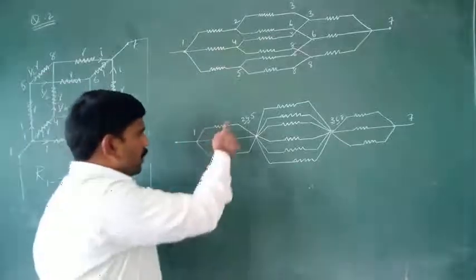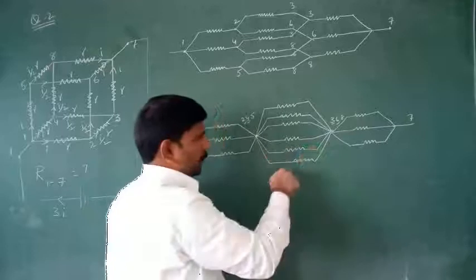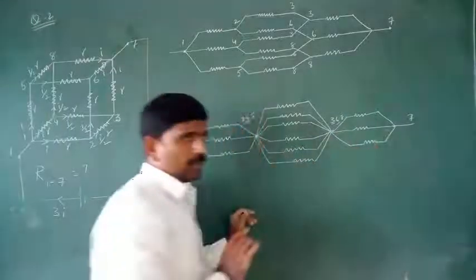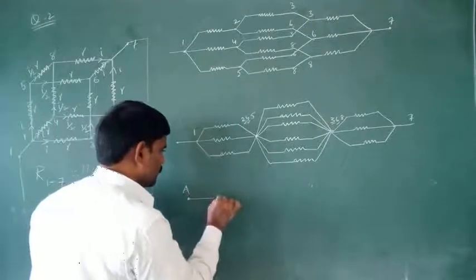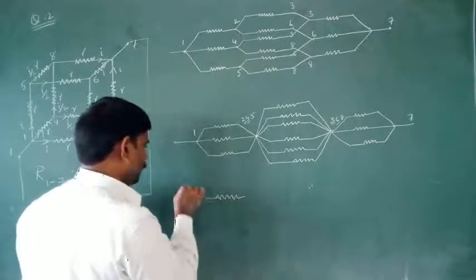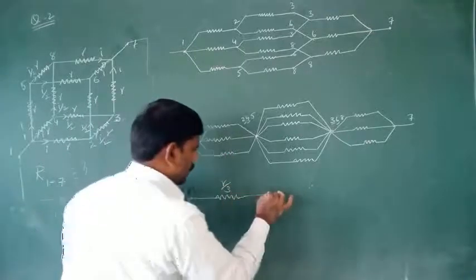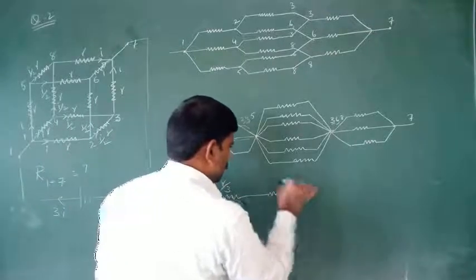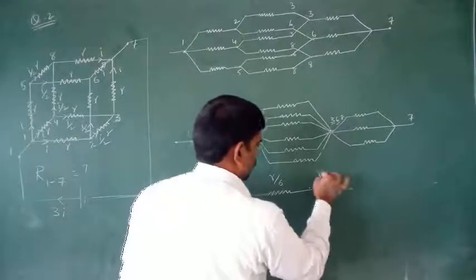Right now observe, all these are connected in parallel. These 3 are connected in parallel. So observe the effective resistance across 1 and 7. Here our effective resistance is equal to R by 3. Here the effective resistance is equal to R by 6. This one is R by 3.